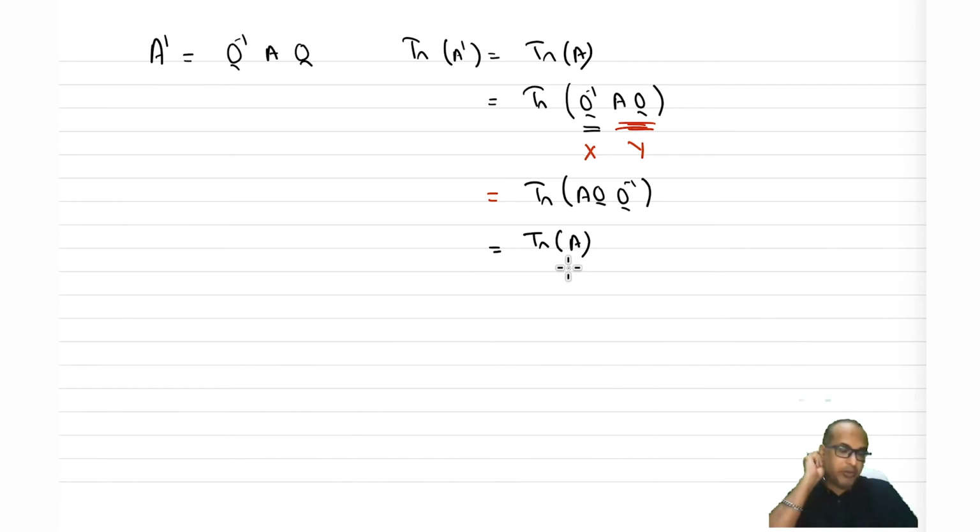Now why is that important? Because we have shown that similarity transformation does not change the trace, and we know that elements which belong to the same class are similarity transformations of each other.